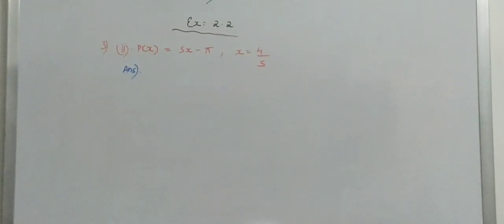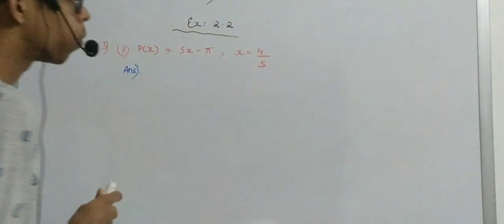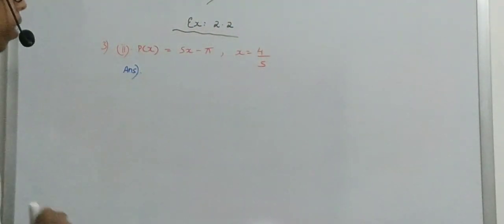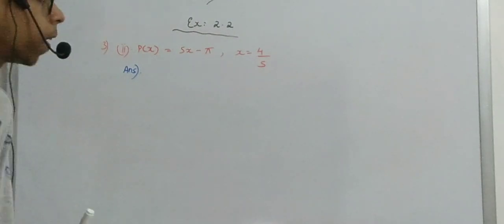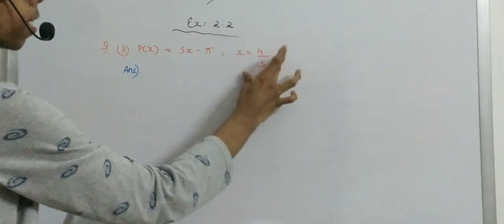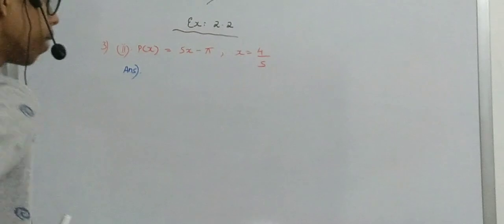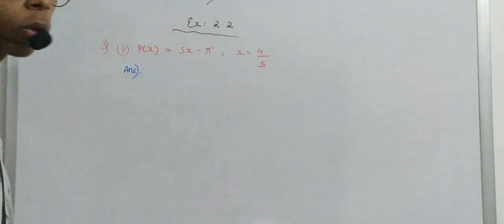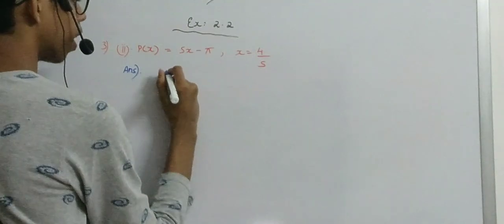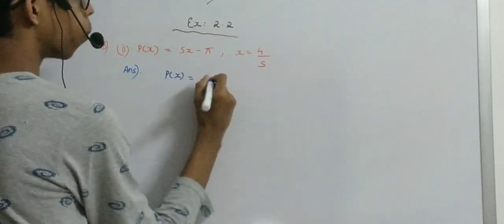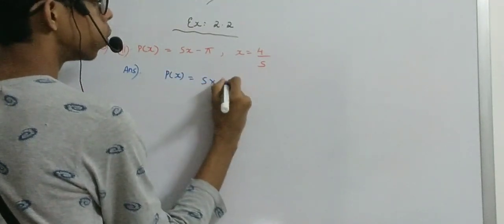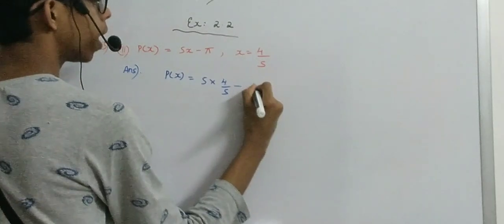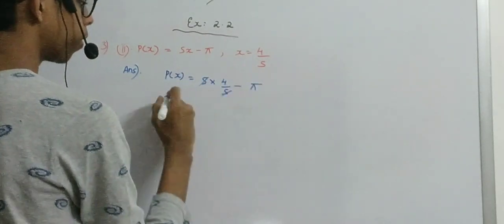Our next one is p of x is equal to 5x minus 5. We have to see whether x is equal to 4 by 5 is the 0 of the polynomial. So what should we do? Just substitute this 4 by 5 over here and see whether you are getting the value of the polynomial equal to 0. So p of x is equal to 5 into 4 by 5 minus 5. This 5 and this 5 cancel.